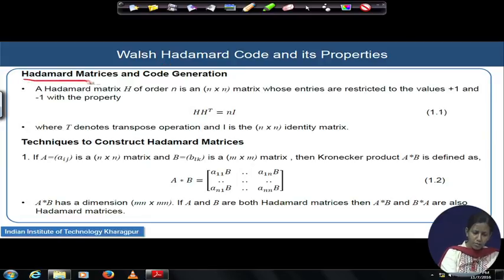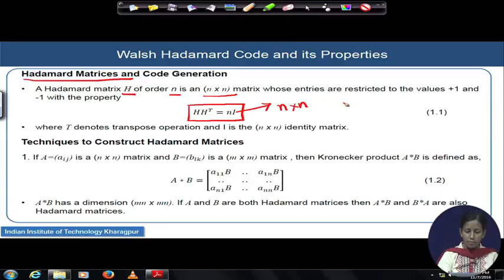Suppose the matrix is called H and its order is n, then it is an n cross n matrix whose entries are all either +1 or -1, and it has a very unique property that H into H transpose will give you n into I. I is the identity matrix, and as it is an n cross n matrix, this I will also be an n cross n identity matrix.